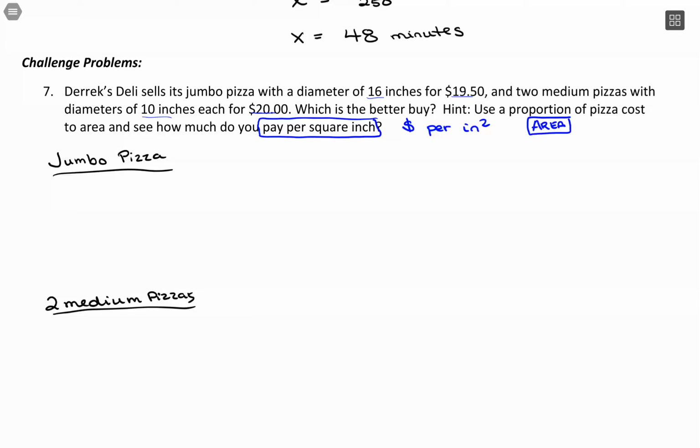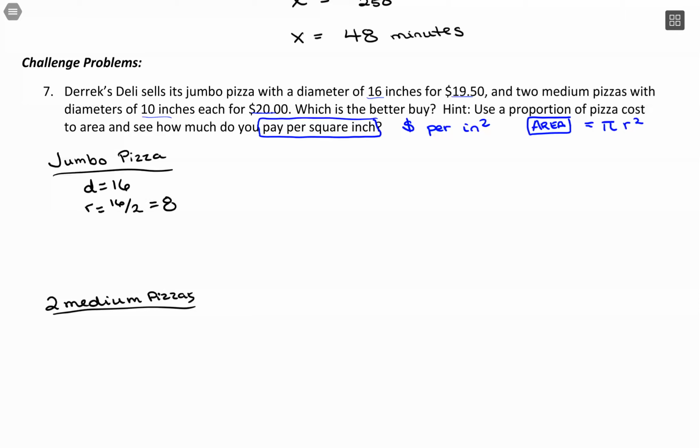So what we want to do is with the jumbo pizza is actually figure out how many square inches are in the jumbo pizza, so we can get an idea of dollar amount to square inches. So as a reminder, area with circles is pi r squared, and they're giving us the diameter. So with the jumbo pizza, we have 16-inch diameter. So if we need the radius, we just need to cut that in half.